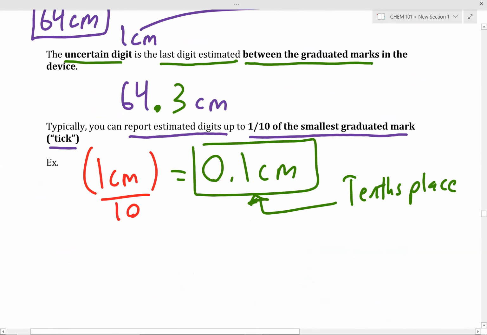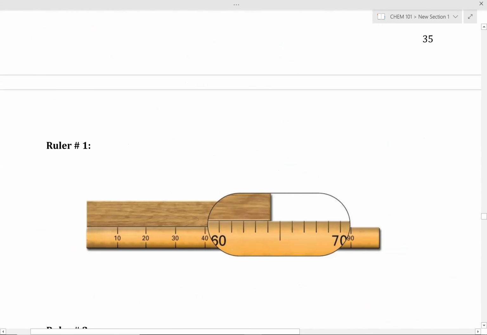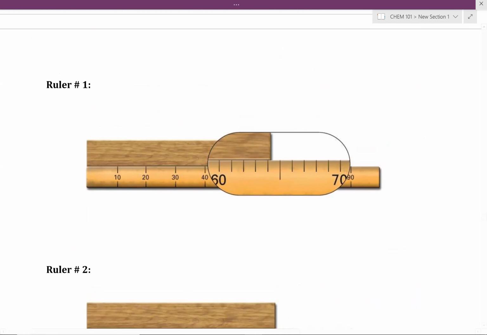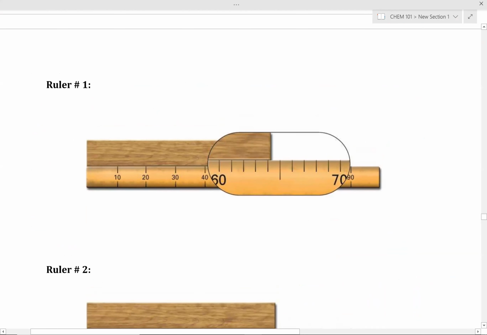Let's do a few more examples. Let's take a look at ruler number 1. Our first order of business is to figure out the value of a tick. So we're starting off at 60 and we're going to 70. And let's count how many graduated marks are between 60 and 70. 1, 2, 3, 4, 5, 6, 7, 8, 9.